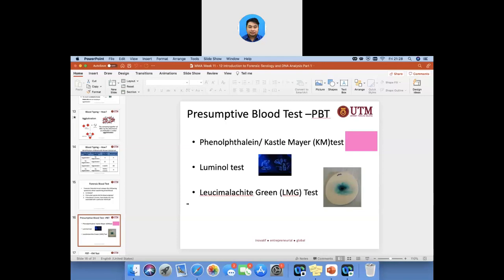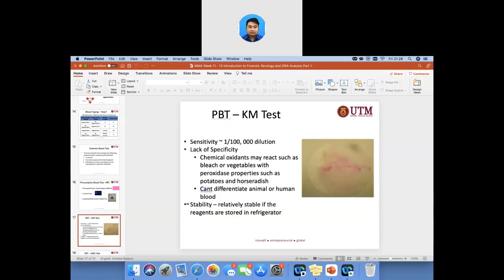When you use the Kastle-Meyer test and it changes to pink, then it is straight away blood. But you cannot differentiate whether it is human blood or animal blood, but it is blood. So you have answered the first question, whether it is blood or not.